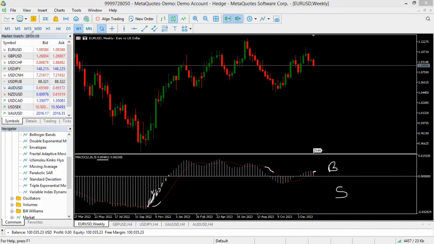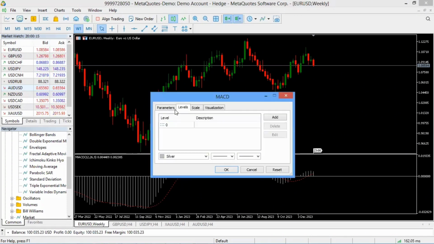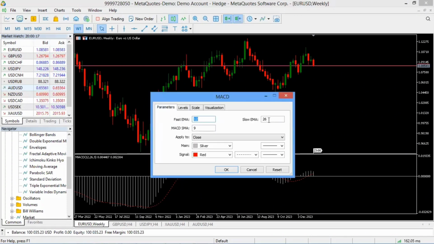I just hope you don't get confused. That's why I said I don't really want to go into the calculations. The exponential moving average of 12 and 26 is what gives us this histogram, then the simple moving average of what we get.